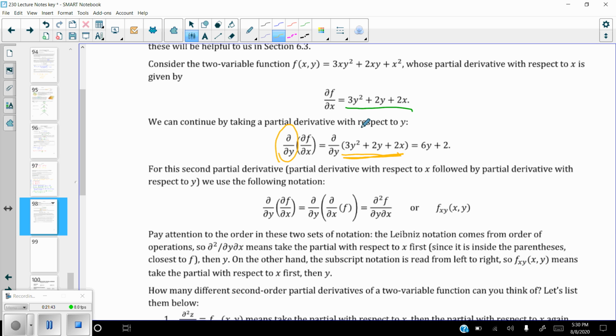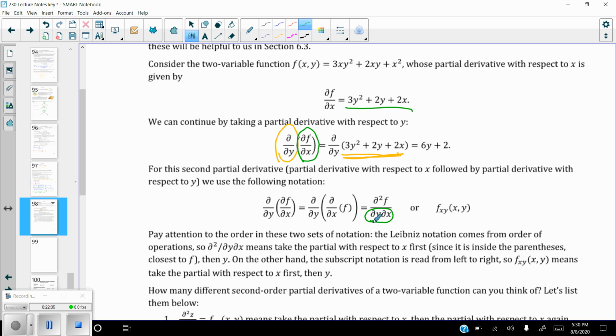So notice the way that we write this is we've already taken the partial derivative with respect to x, which is here, and then you take the partial derivative with respect to y. So if you were literally to multiply the denominators together, you would get dy dx on the bottom, dy times dx, which is why that's the order that you see it in right here.